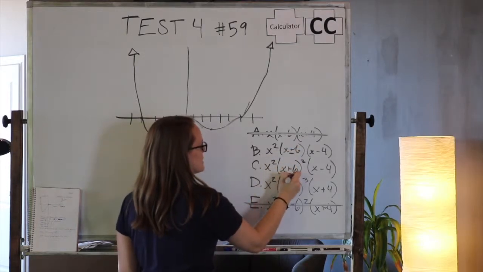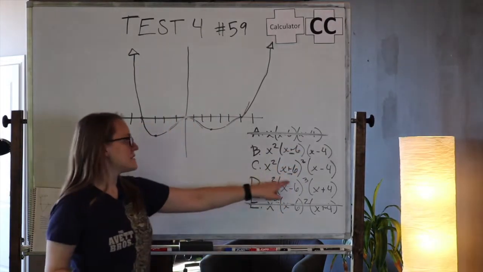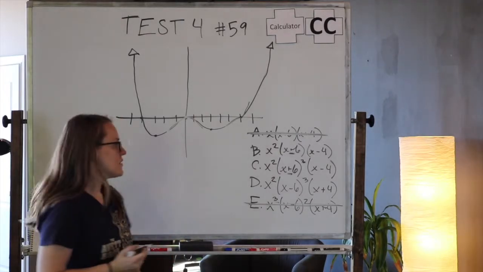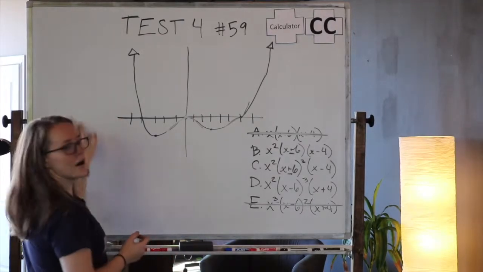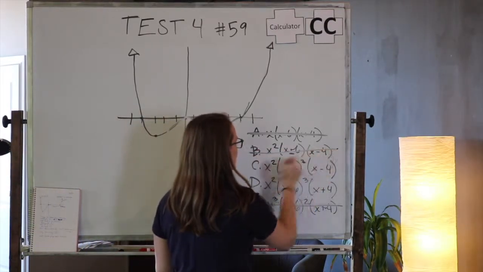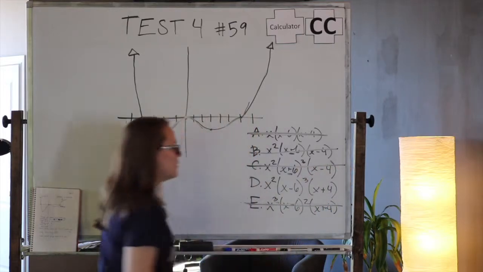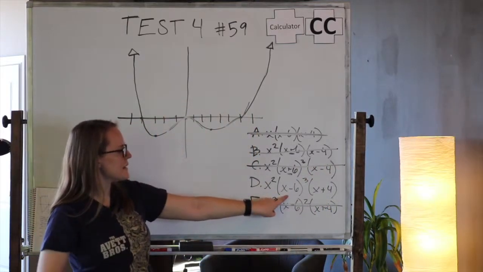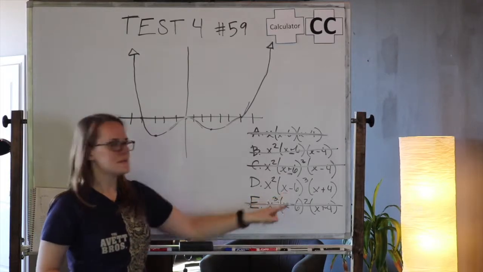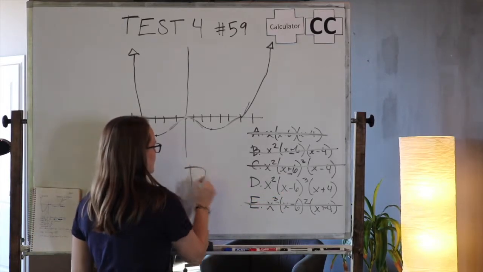So it's plus 6. And x plus 6 means you would need to plug in negative 6 to get 0. So for those reasons, there's nothing going on at x equals 6 over here. We can eliminate B and C, whereas D does have, as expected, an odd exponent at x equals 6. So D is going to be the correct answer here.